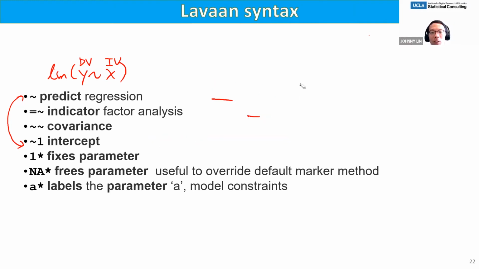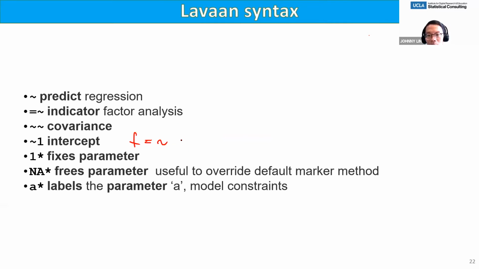Let me clear my screen there. So if I have this factor and I go equal tilde, and then I have y1 plus y2 plus y3, the 1 star fixes the first loading to 1. What I said before is that this is the default in lavaan, so I actually don't need to do that.